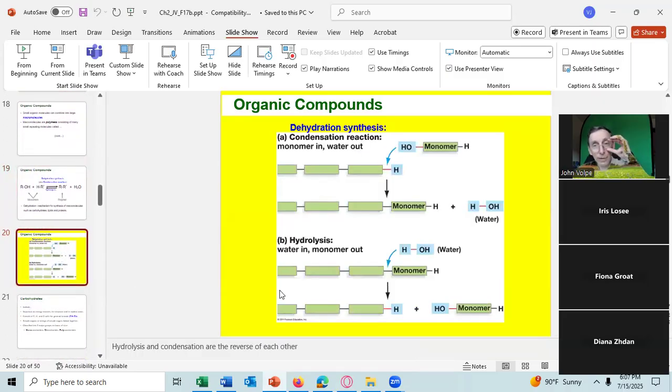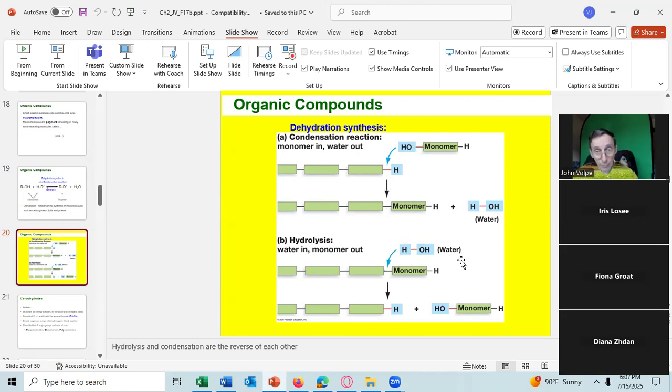So this is showing you again, a little better, how you make a polymer. The monomer comes together with this, which is already a small polymer, and the OH group comes off the monomer, the hydrogen comes off the small polymer. That monomer now binds to this small polymer, and that we call the polymer, and then water gets formed, and that's dehydration synthesis.